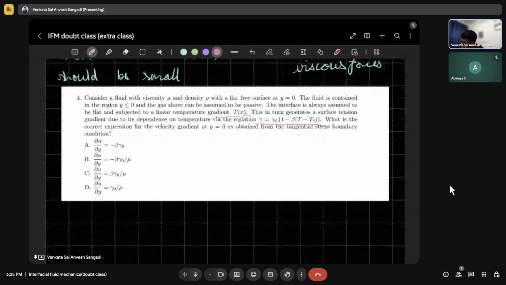So firstly, let's write down what is given. We have rho, we have mu, and the surface tension varies as gamma equals gamma naught times 1 minus beta times T minus T naught.